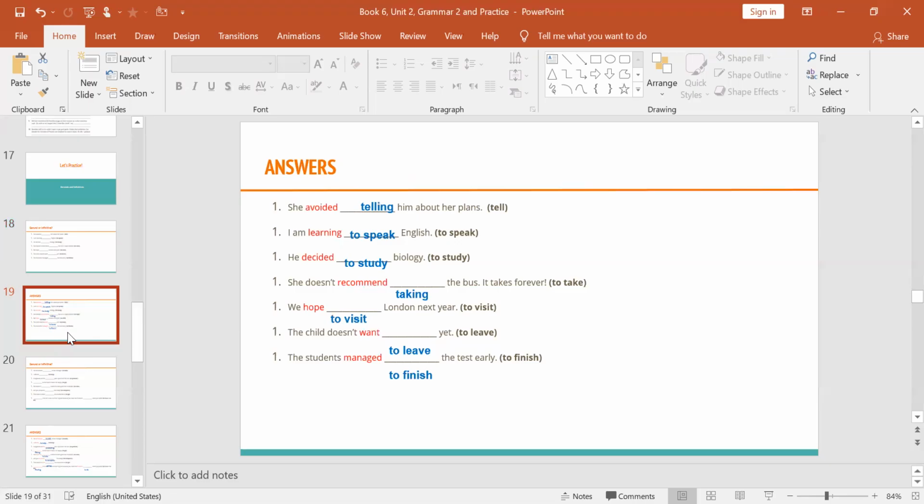The next one, so that would be infinitive. She doesn't recommend taking the bus. It takes forever. So that's the gerund. We hope to visit London next year. The infinitive. The next sentence, the child doesn't want to leave yet. That is the infinitive. And the students managed to finish, which is the infinitive.